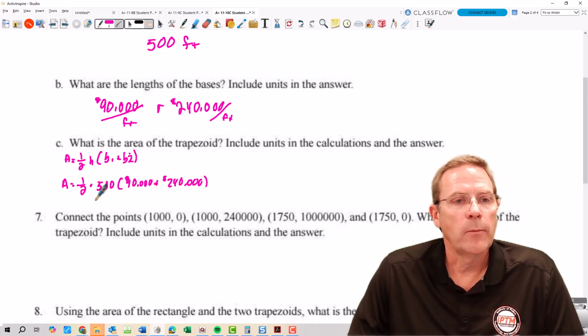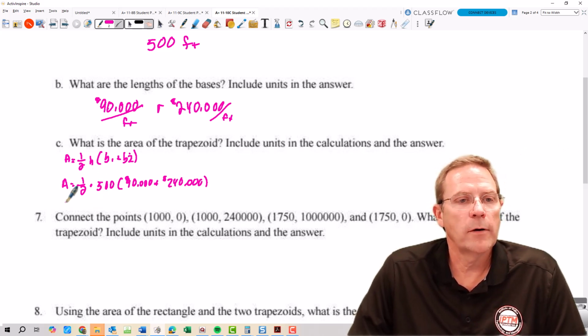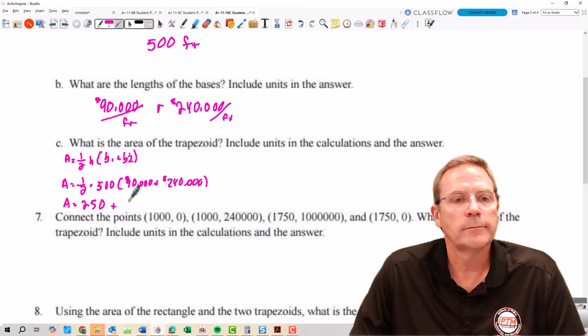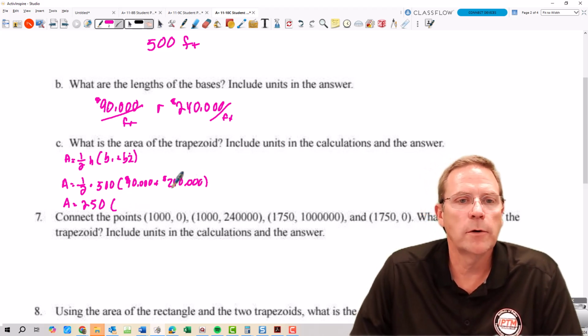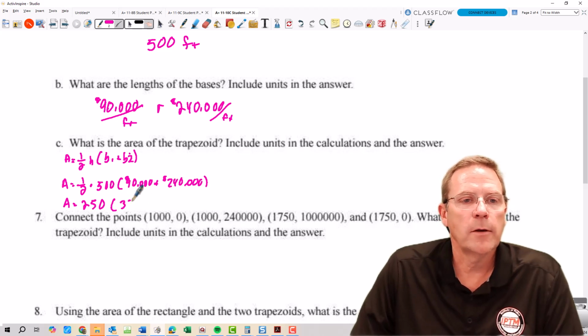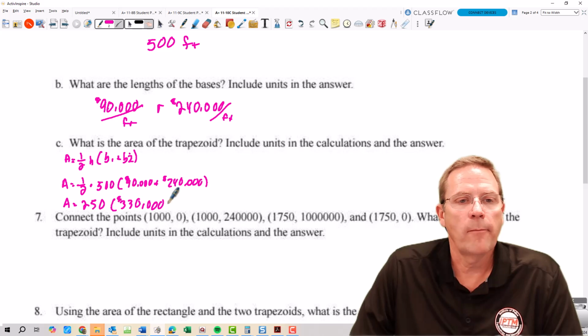From here, we're going to keep working through it. 1/2 of 500, that's 250. That's going to be 250 times the sum of 90,000 and 240,000. That's going to become 330,000 right there.